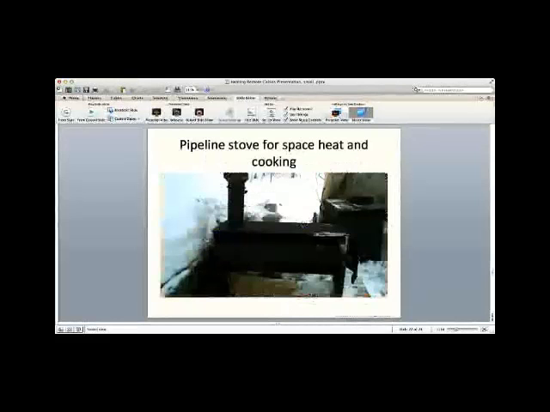So here's a stove that's kind of creative that I wanted to show you, where someone took a piece of pipeline, probably like a 12-inch pipeline. They cut the ends off, and then they thought, I'm going to put a door, much like the barrel stove that I described before, on the end of it, put some feet on it, and also have a cooktop.